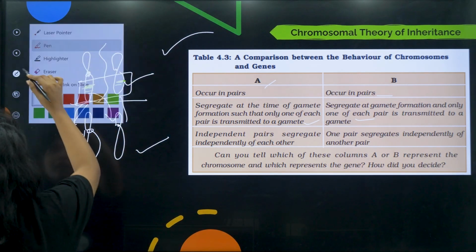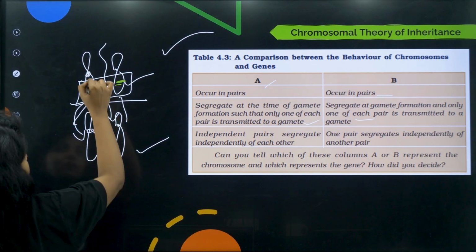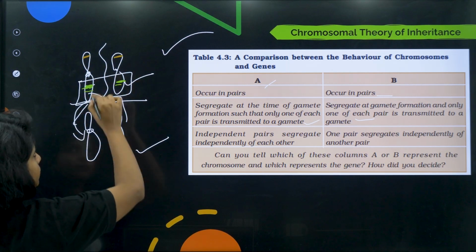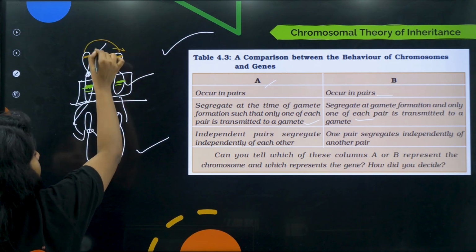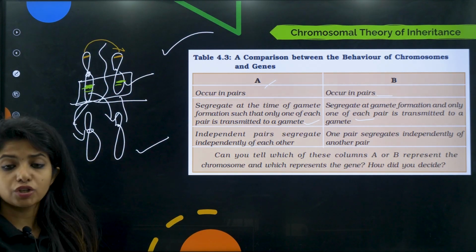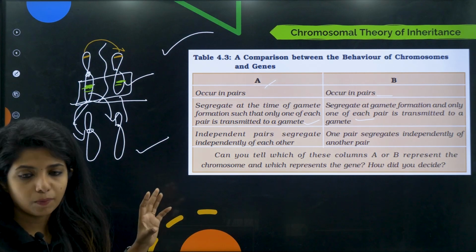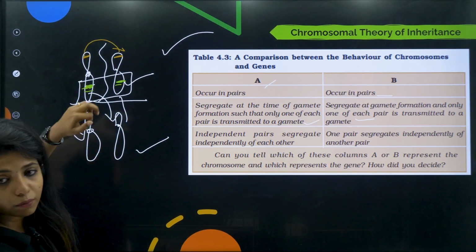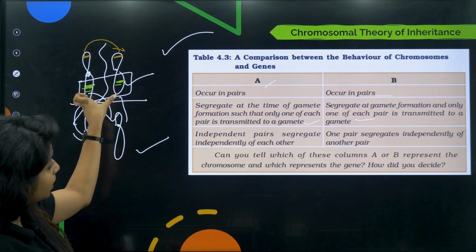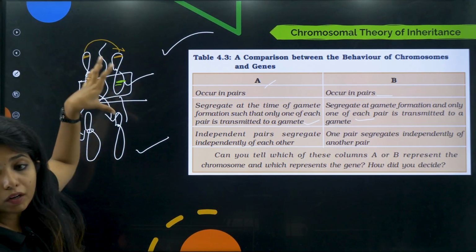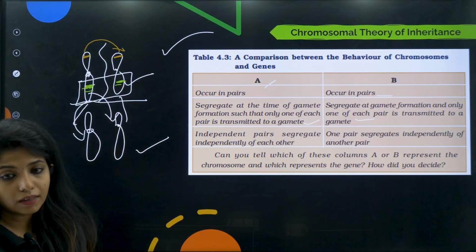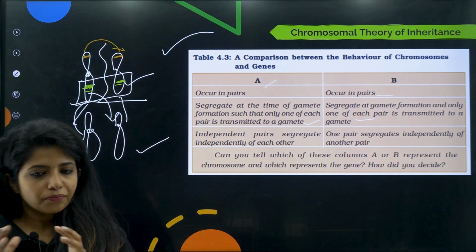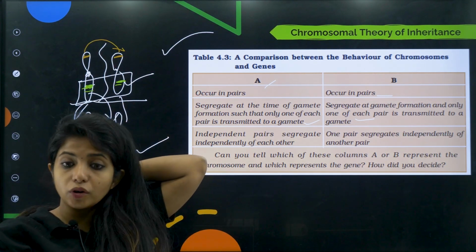But on the other hand, if they are independent, as in they are distant, these are independent pairs, they segregate independently of each other. They can show recombination and they will be segregating independently. It is not always true that the green one will always go with the yellow one because they are in distance. So independent pairs segregate independently of each other, whereas dependent pairs would not segregate independently because they are close to each other. They show a high amount of linkage.